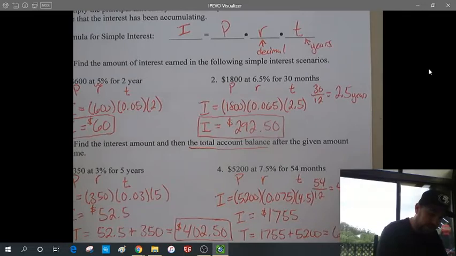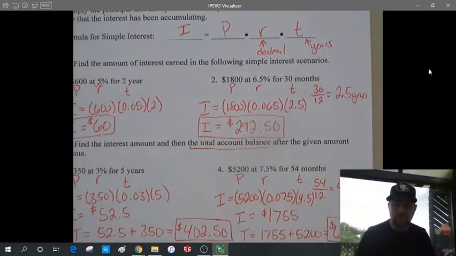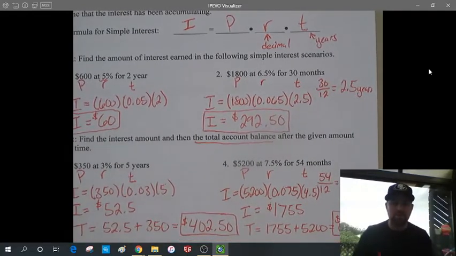And we get $6,955 total now. Okay, so just pay attention to whether the question is asking for the interest amount, or if it's asking for the total account balance, or the total amount that you would have, or total amount that you would pay at the end, in which case we then need to add that back to the principal.